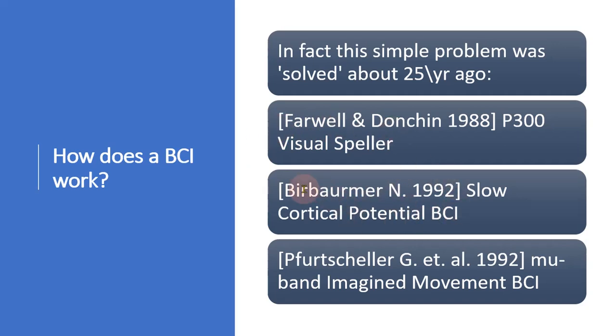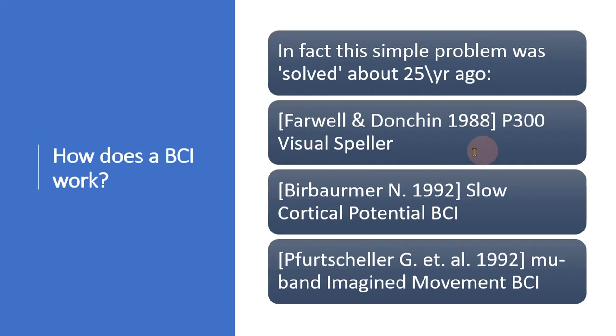And later, Birbaumer, a professor at the University of Tübingen, Germany, was the pioneer of the BCI based on slow cortical potentials. Slow cortical potentials are signals that humans can learn to generate or control. So we can train the human to generate specific patterns in EEG data.